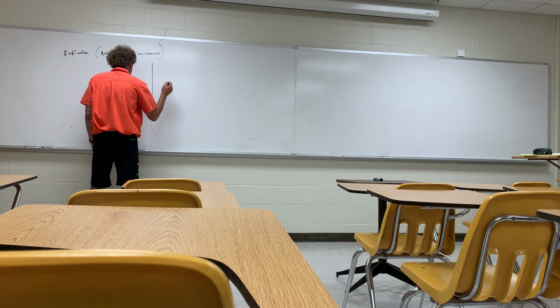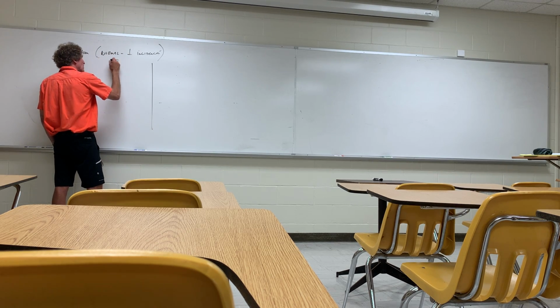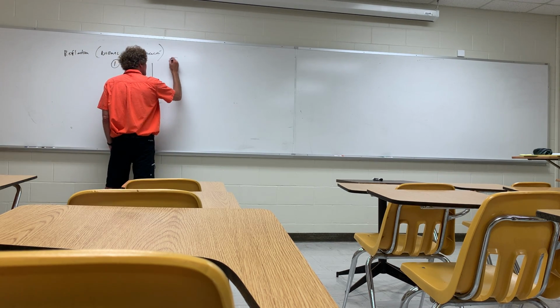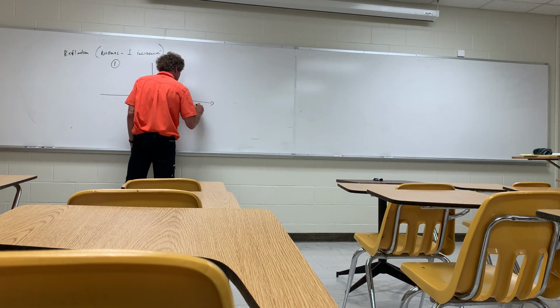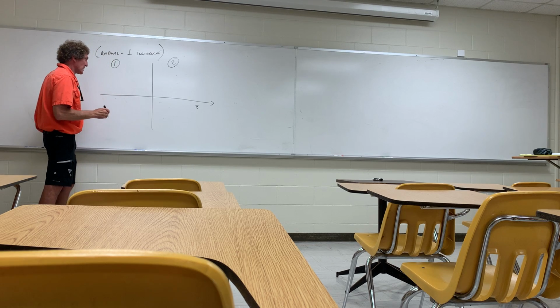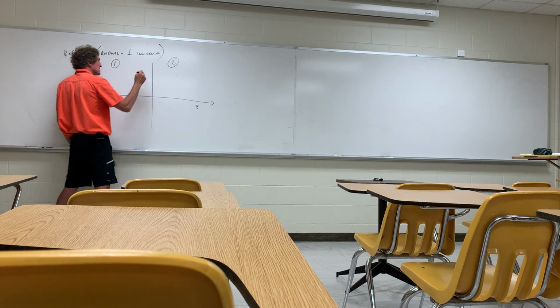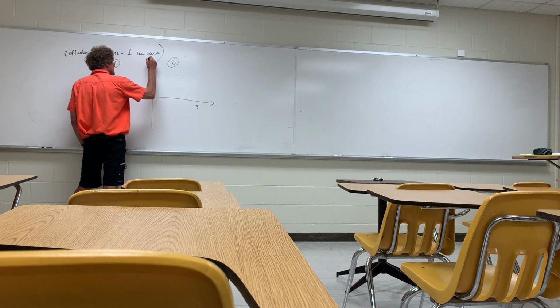Here's the interface. This is going to be region 1 on this side, and this is region 2. This is going to be the z direction, and I'm going to stick with Dr. Wentworth's convention, so this would be the x coordinate.